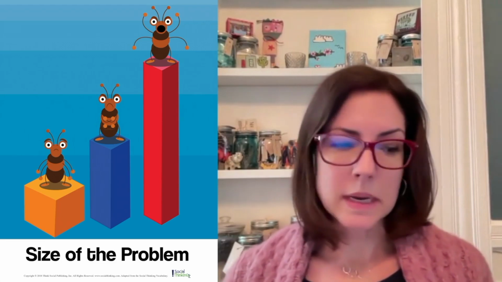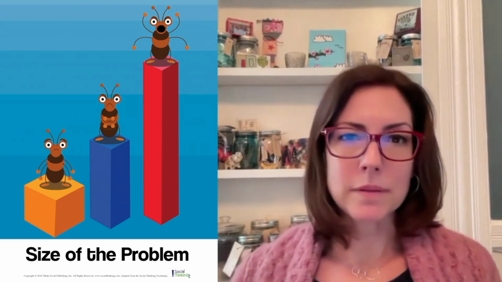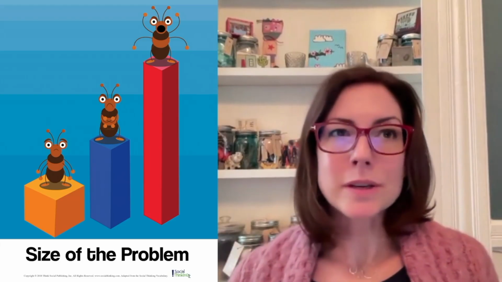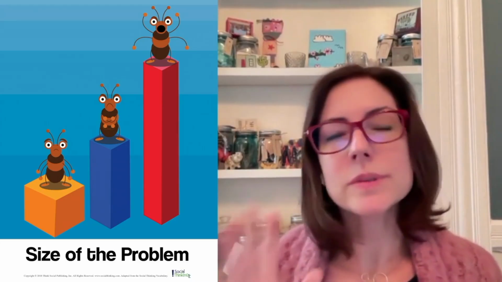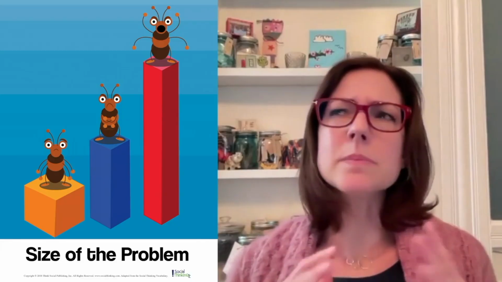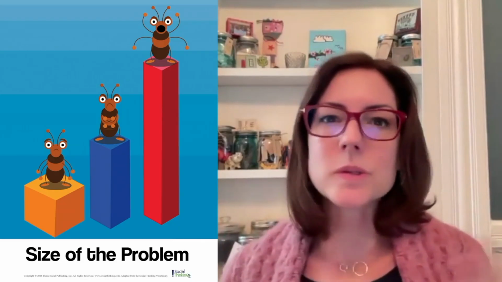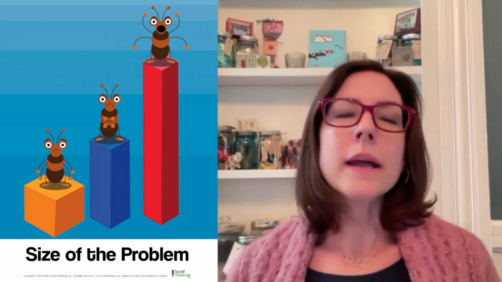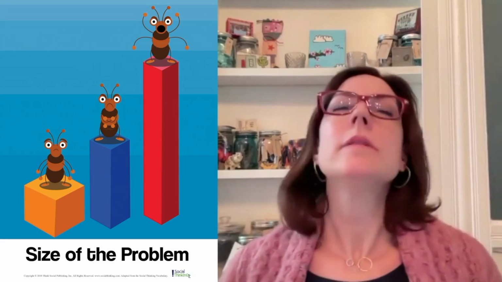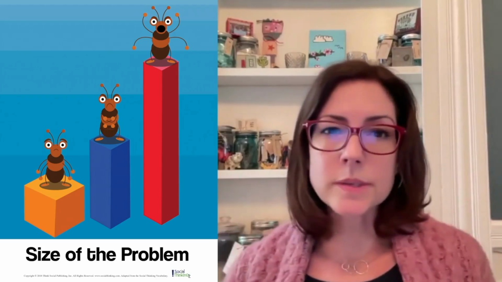Your social learners may need help defining what the problem is to start with, and then going from there. Think about it: for anybody, it's much easier to solve a problem that is not your own. This is an important point to talk about with any of these concepts, especially this one. Because problem solving is so complicated and we have to do it so many times across our day, it will be easier to think about somebody else's problem, to put it into perspective, and to then see what the different options and choices are around it.